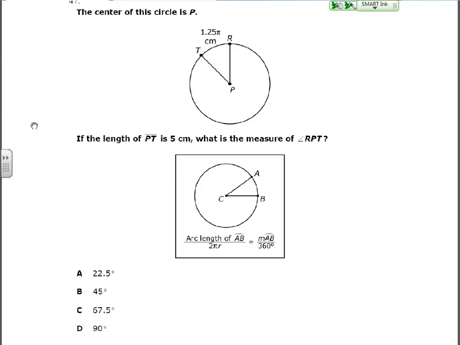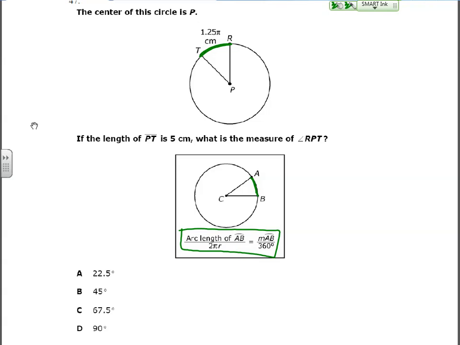So you're just plugging the values you know, right? If this is the formula, you look at the picture here and you say, okay, the arc length of AB over 2 pi r is equal to the measure of AB over 360. So let's apply that here. The AB that they're talking about is this TR part here, which is 1.25 pi.